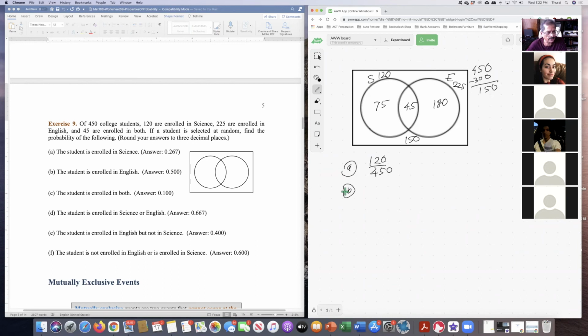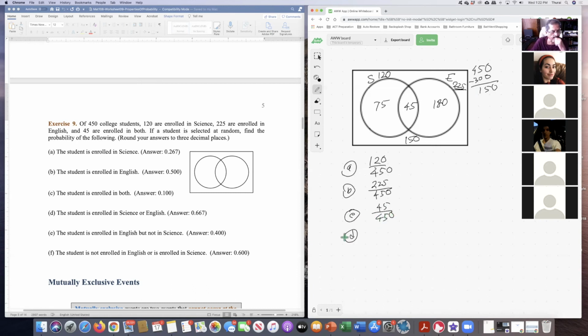Part B, the probability that the student is enrolled in English will be 225 over 450. There are 225 students in English. Okay, part C, the student is enrolled in both. 45 over 450.